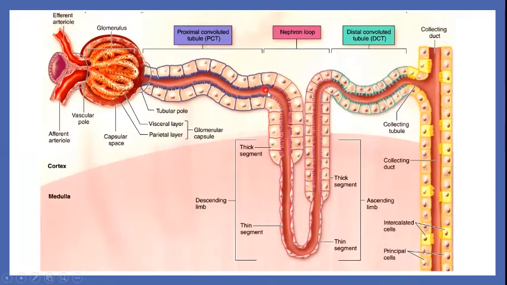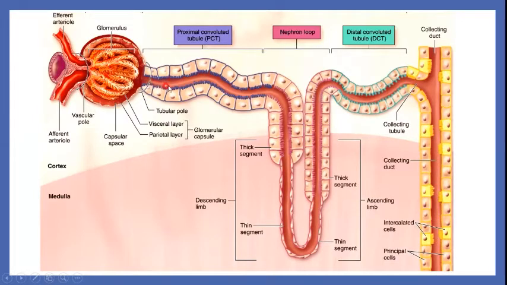As it travels, it enters the loop of Henle with the descending limb coming down and the ascending limb coming up. We reach the cortex again as the distal convoluted tubule, which connects with a collecting tubule that feeds into a collecting duct.